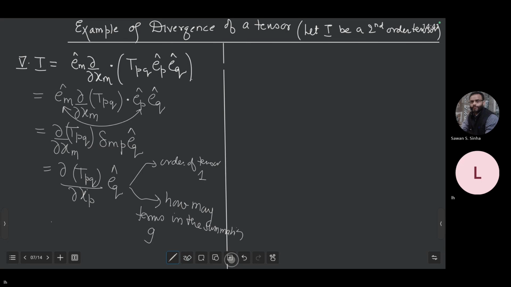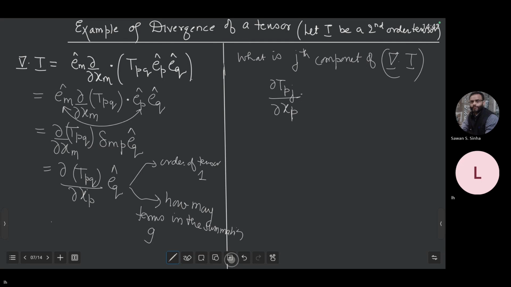Let me ask you a question here. What is the jth component of del dot T in this case? What is the jth component? Okay. That's what you are saying? So P will be there, del P. Is that what you are saying?